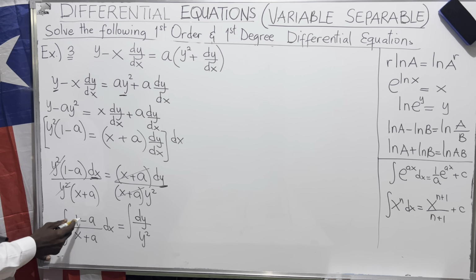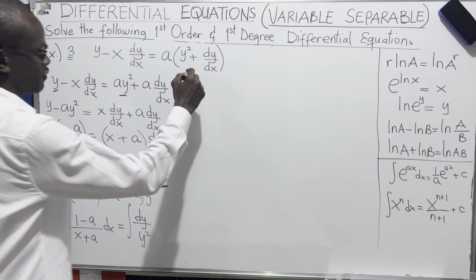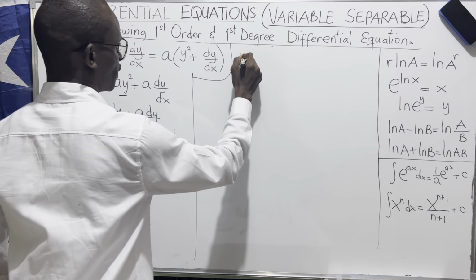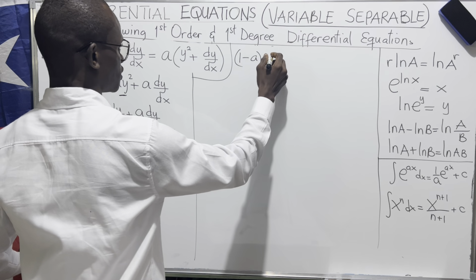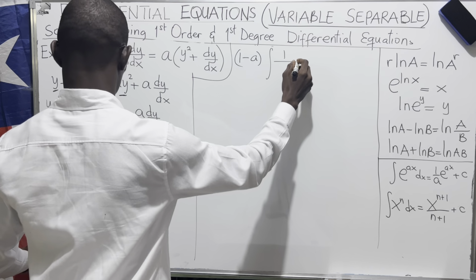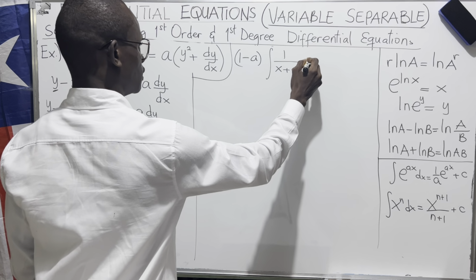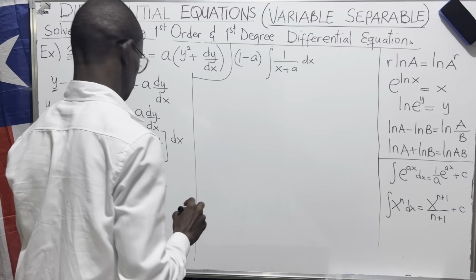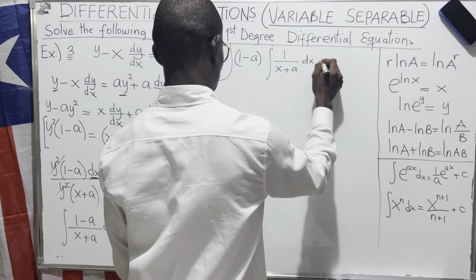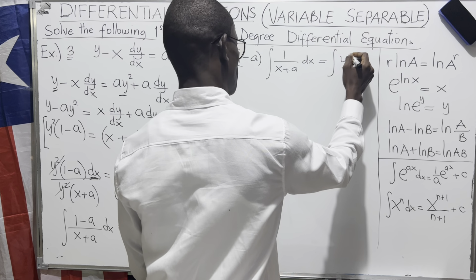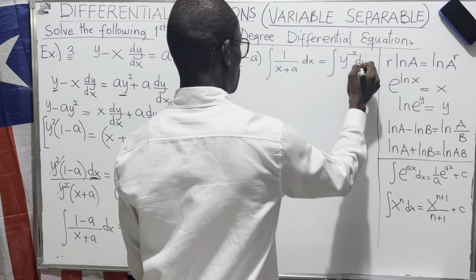This 1 minus a is a constant, so we can factor it out. Remember, it's a constant. So if we bring it outside, we will have just the integral of 1 all over x plus a dx. Then the right hand side is the integral of y to the power minus 2 dy.